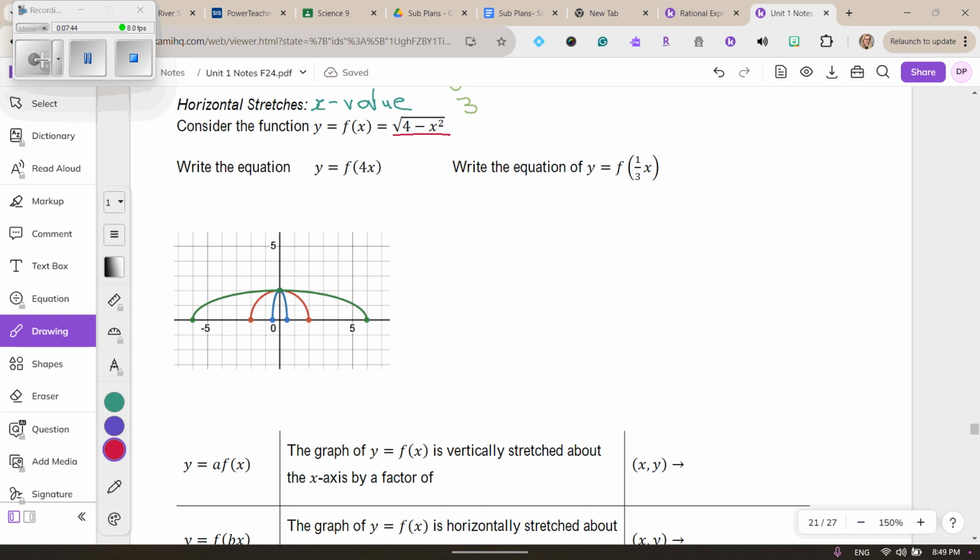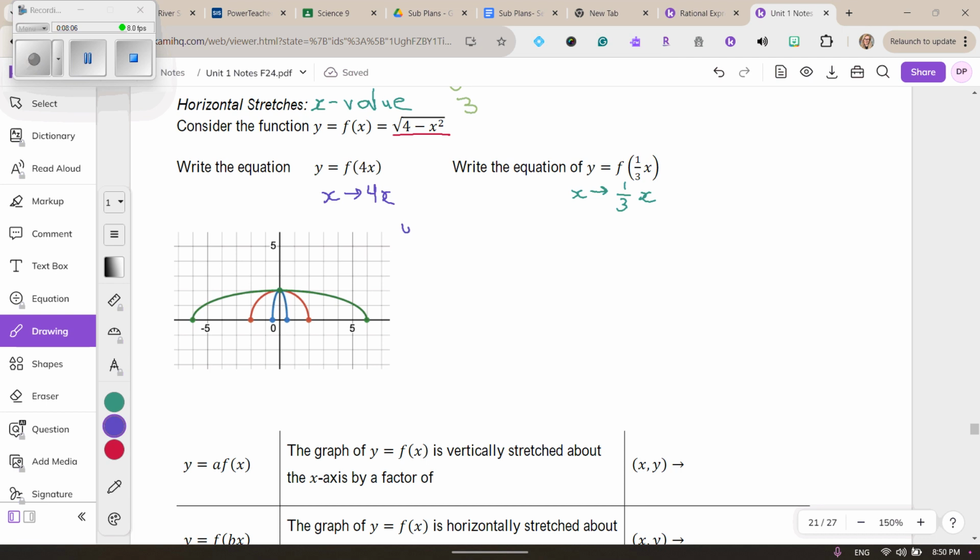We are going to take the x and map it to 4x, and we are going to take the x and map it to 1 over 3x. So once again, let's write both of those equations out.